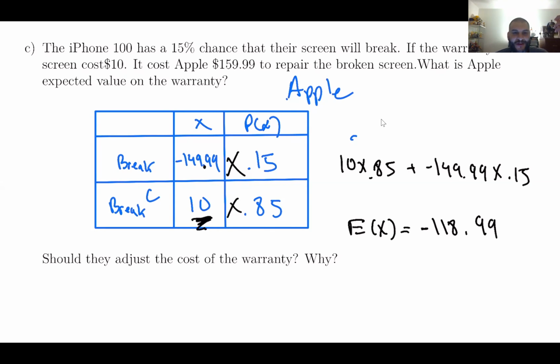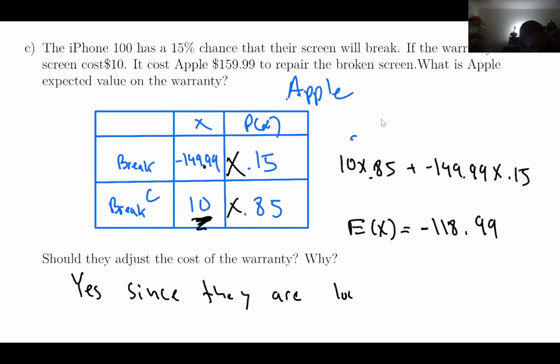So if you look at the question right below, it says, should they adjust the cost of the warranty? The answer should be yes, since they are losing money. Because pretty much every time you have to replace a cell phone, they're essentially losing money because they priced their warranty too low.